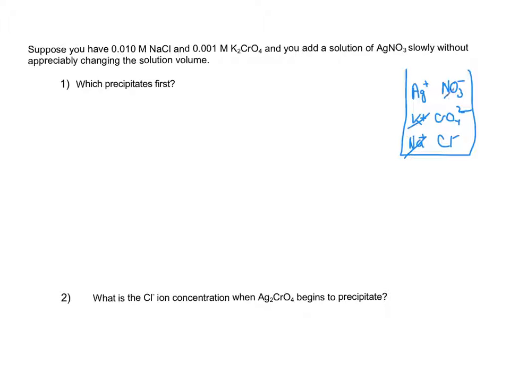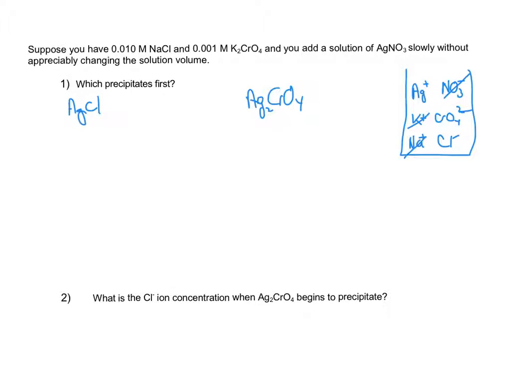And same thing with nitrates. All nitrate salts are soluble as well. So that leaves us with Ag+, CrO4 2-, and Cl-. So we have two options. It could either be AgCl, or it could be Ag2CrO4. These are the two options.